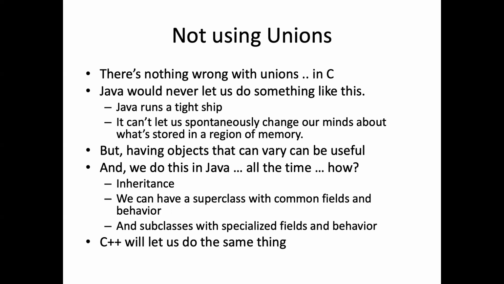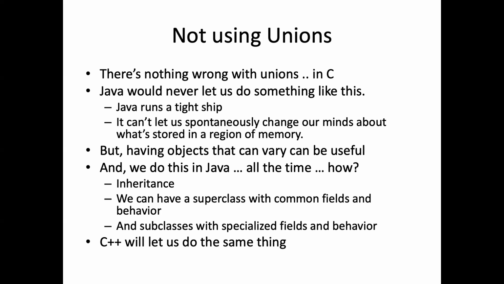So if you write a piece of code in Java and you say, store this thing as an int, Java makes it so you can't go back later and say, you know, that thing I stored as an int, now I want to access it as if it's a reference to an object. They don't let you switch the type for something that's stored without actually doing a type conversion, and they'll reject type conversions that don't make any sense. Unions let us do this in C, but Java really wouldn't be able to do that without violating its type system.